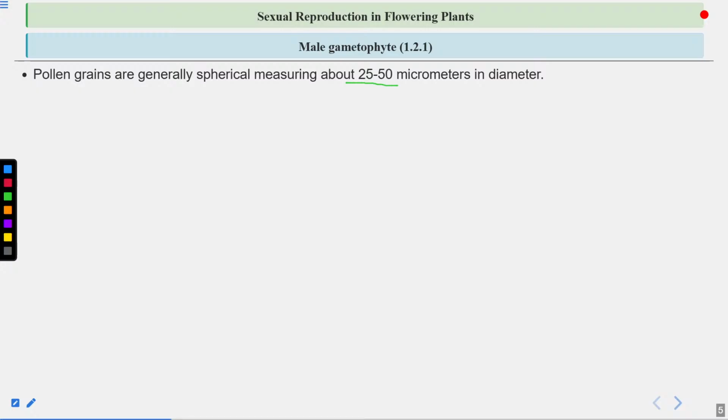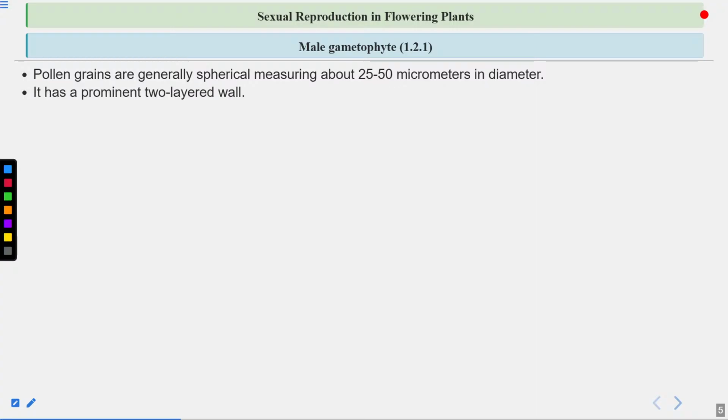So they are telling us that in flowering plants the pollen grains are generally spherical in shape, and when we measure the diameter, it comes in between 25 to 50 micrometers.